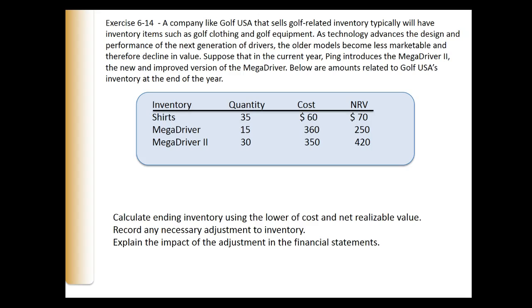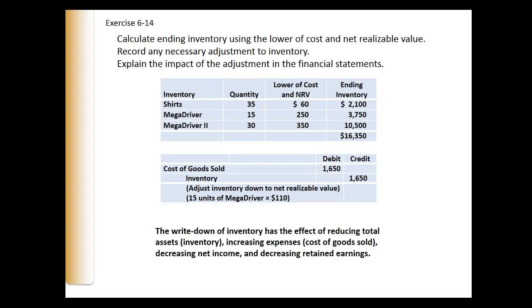We're supposed to calculate the ending inventory using the lower of cost and net realizable value, record any necessary adjustments to inventory, and explain the impact on the financial statements. So basically, to write down the inventory, we are going to show an adjustment down to net realizable value for the Mega Drivers.